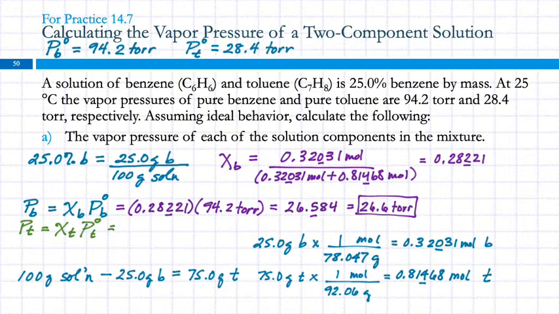So 1 minus 0.28221 is 0.71779, times the vapor pressure of pure toluene, which gives 20.4.